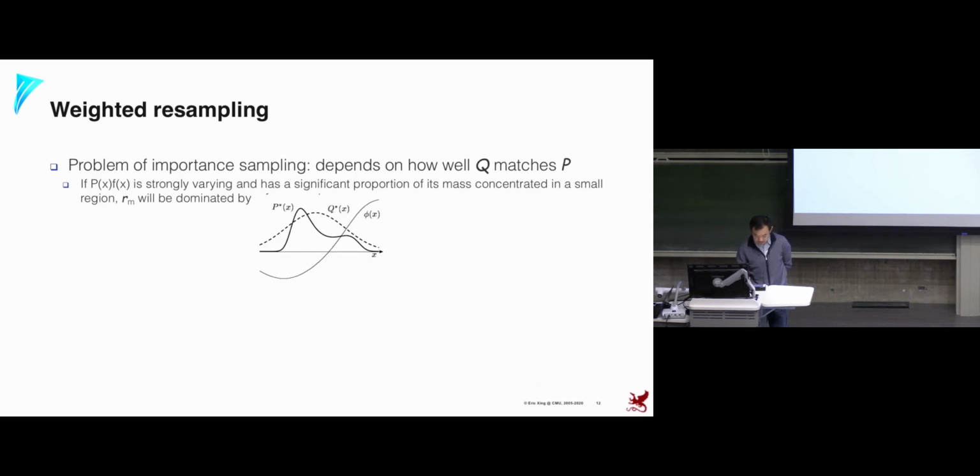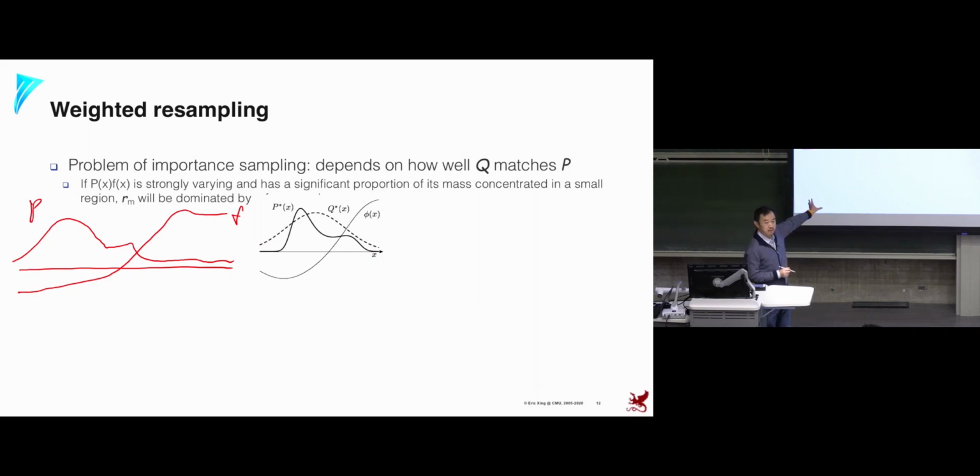For example, maybe this graph is too clean. I will draw another example. So I have some kind of weird distribution like that. This is P. And I have a function that I want to estimate, maybe a curve like that, F. I have a proposal distribution Q. And because I don't see the true distribution, remember, it's a high-dimensional distribution, which is not plottable, I need to have a guess.